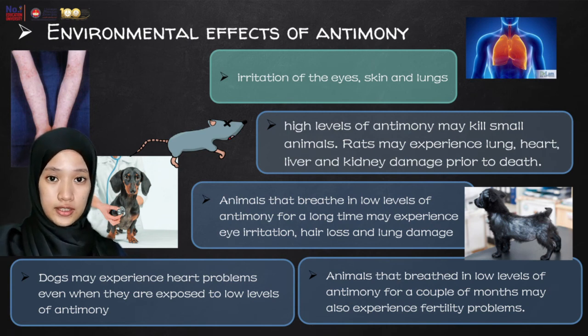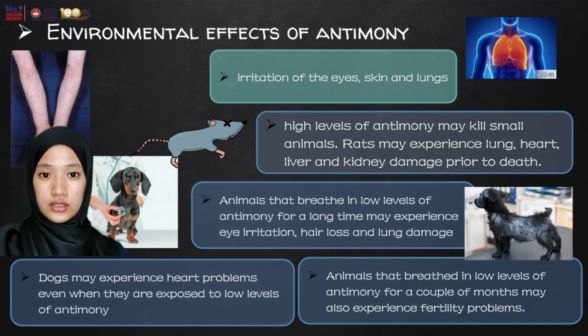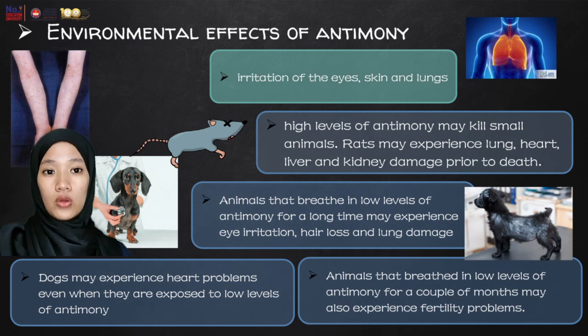Animals that breathe in low levels of antimony for a long time may experience eye irritation, hair loss, and lung damage. Dogs may experience heart problems even when exposed to low levels of antimony. Animals that breathe in low levels of antimony for a couple of months may also experience fertility problems.